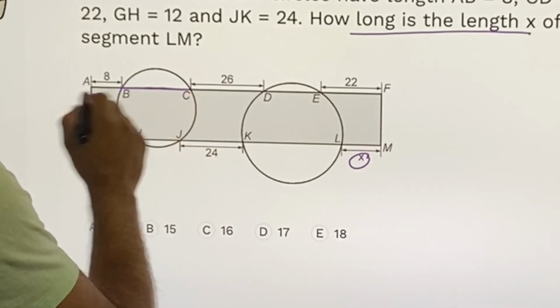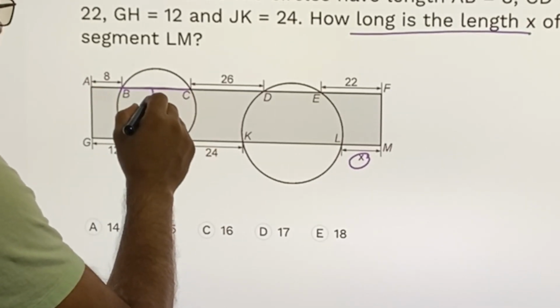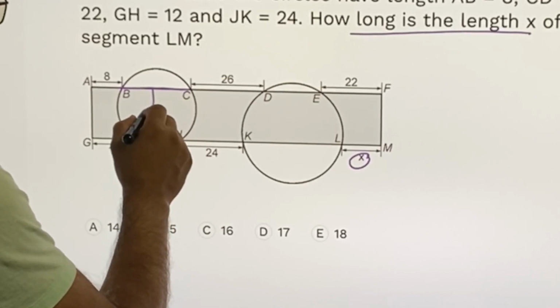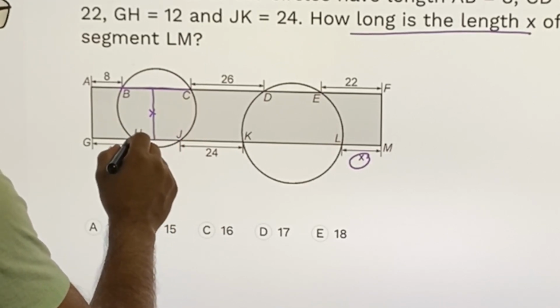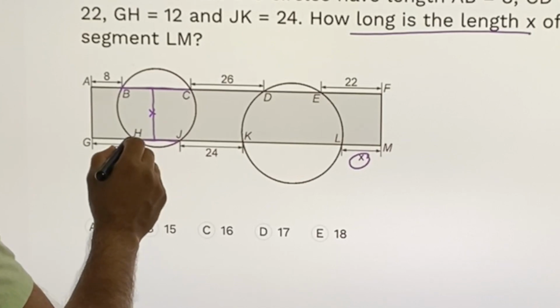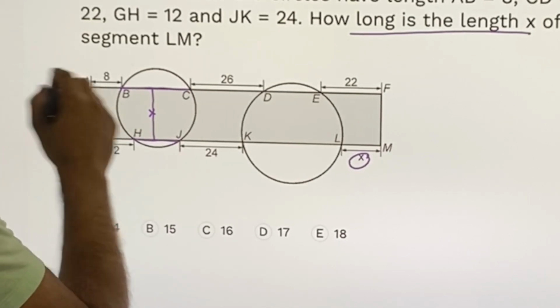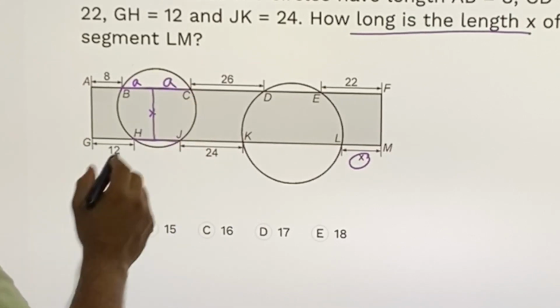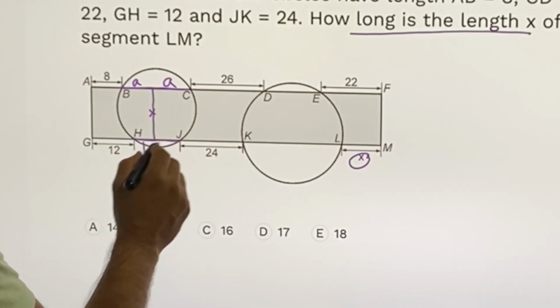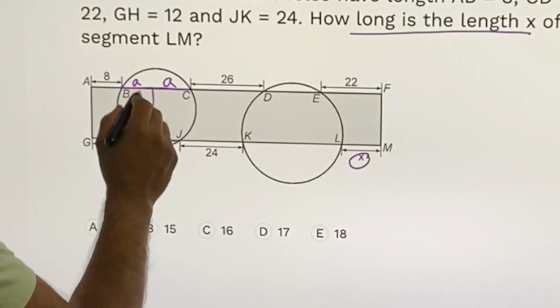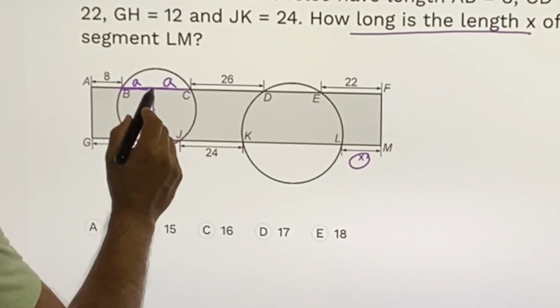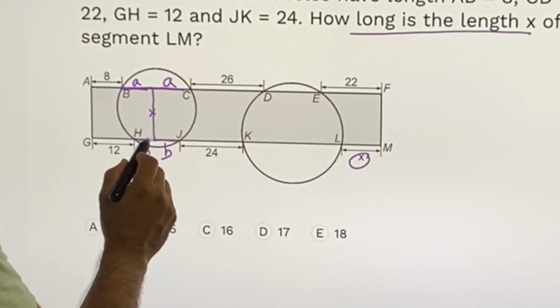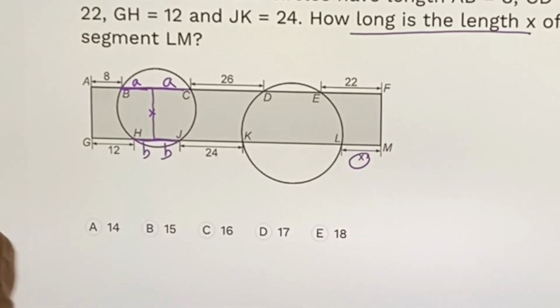It goes through the center, and then it is also going to bisect the chord HJ, right? So if I call this A, this will also be A. If I call this B, this will also be B, right?